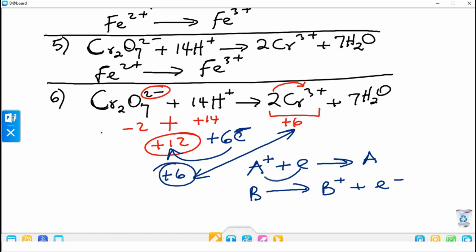So you can see A is gaining electron. So when A gains electron, it becomes just a neutral A. But when B loses electron, you can see B has lost electron. It becomes positively charged, depending on the number of electrons. If it loses 2 electrons, it will become 2 plus. If it loses 3 electrons, it becomes 3 plus. So that is actually how it goes.